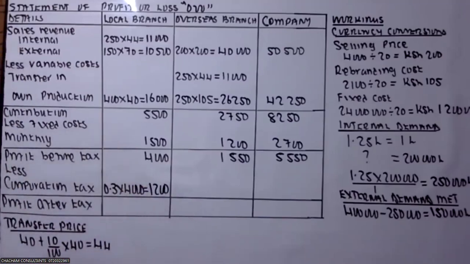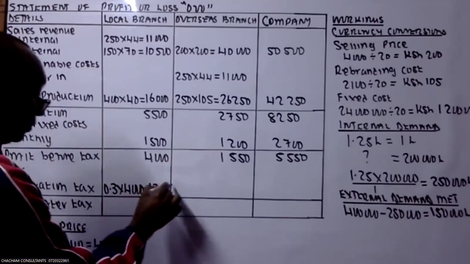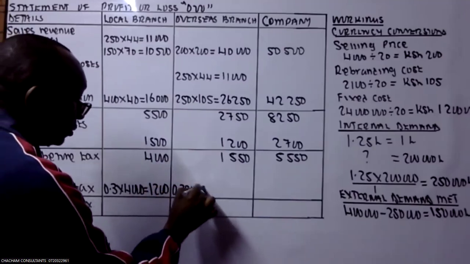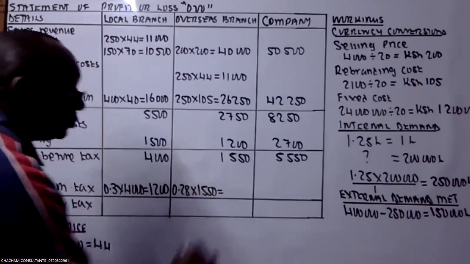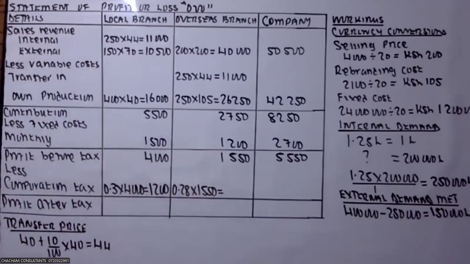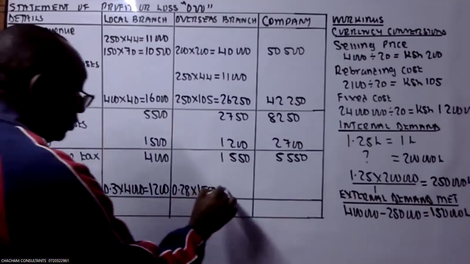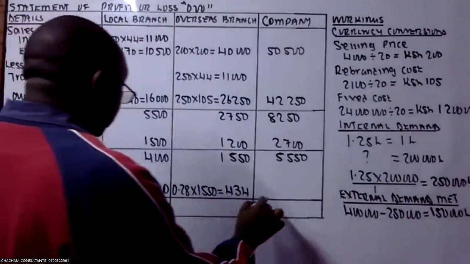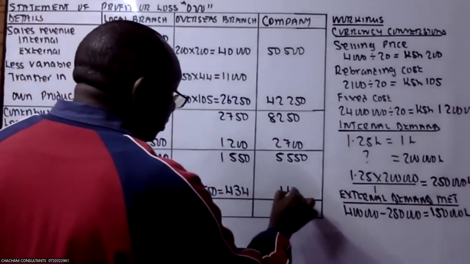And this other one is 28%. $434. So when you add this tax, it will be $1,634.